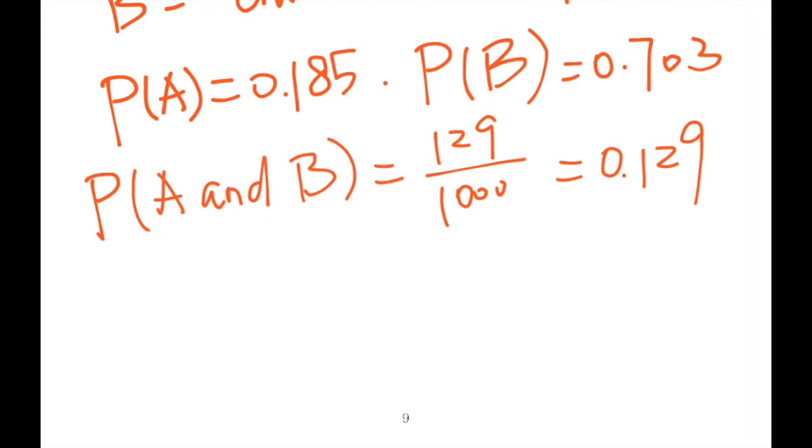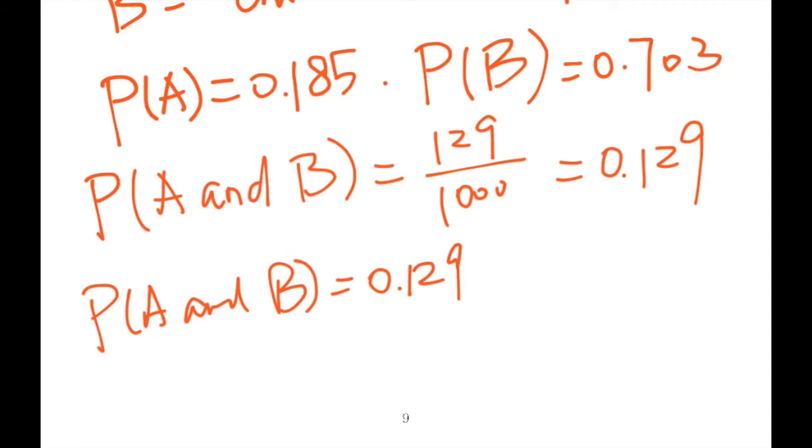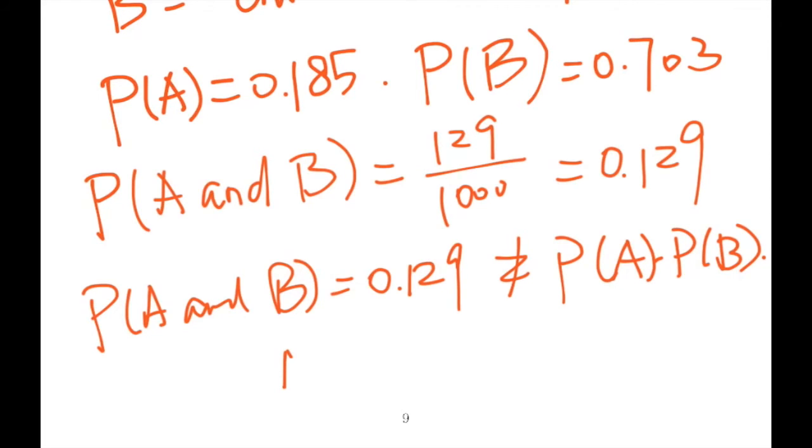And we can see that P(A and B), which is equal to 0.129, is not equal to P(A) times P(B), so they are not independent.